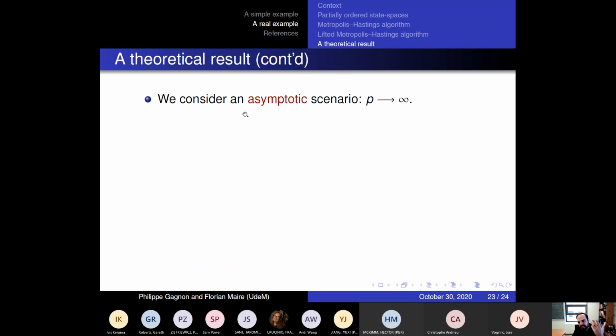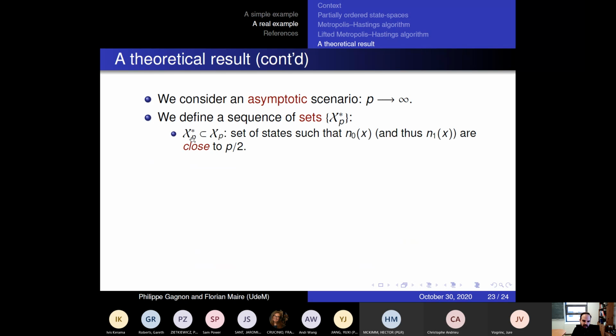So it's an asymptotic scenario where p goes to infinity. Okay? And so you define a sequence of sets X star subscript p. Here in this slide I will have everything with a subscript p because it depends on p.